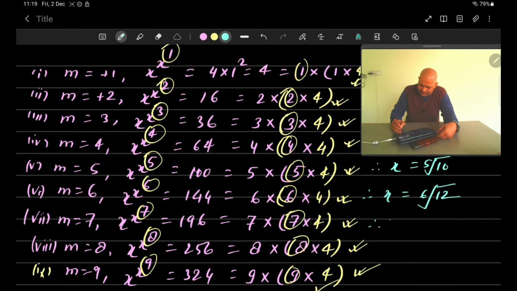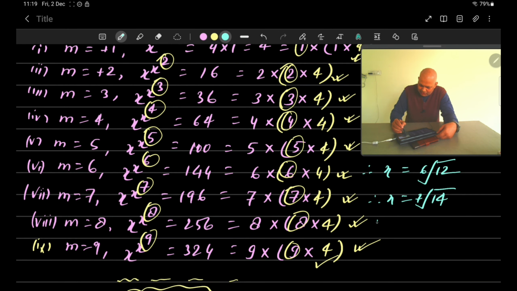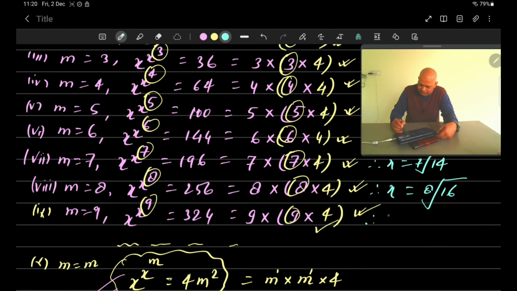Now if m equals 7, x equals 7th root of 14, okay. And now if m equals 8, then this is 8th root of 16, okay. And if m equal to 9, then this is the 9th root of 18, which is the answer of this general question.